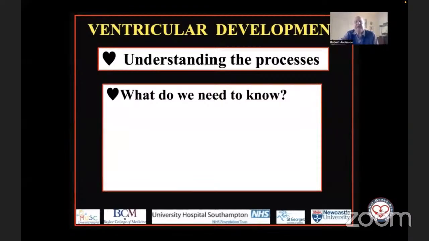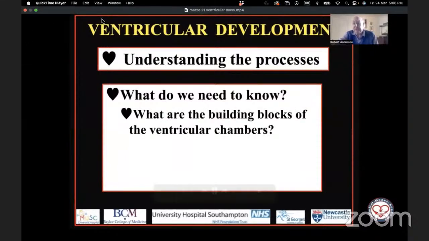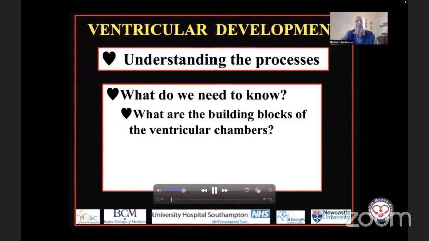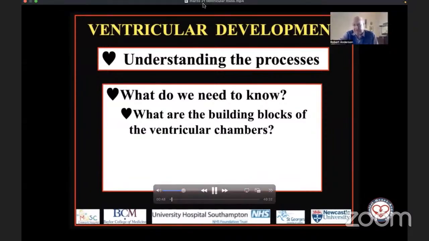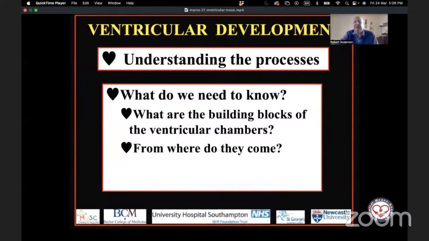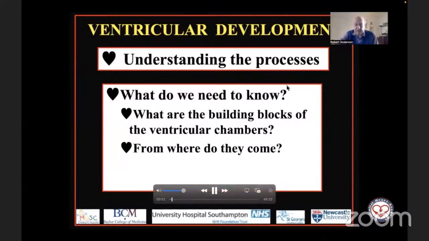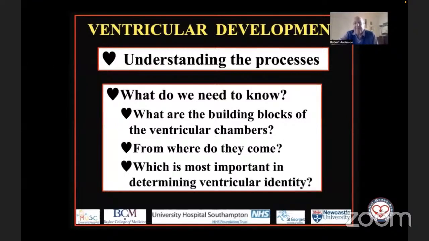So if we are to understand ventricular development, we need to know the building blocks, as we did with the atrial chambers. And of course, since we are discussing development, we need to know from where they come.